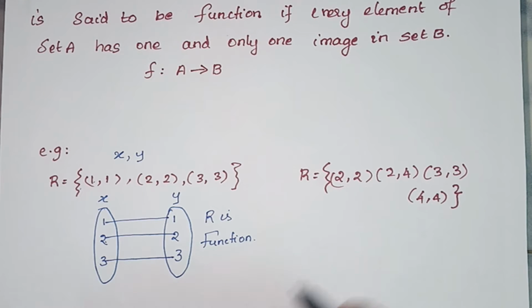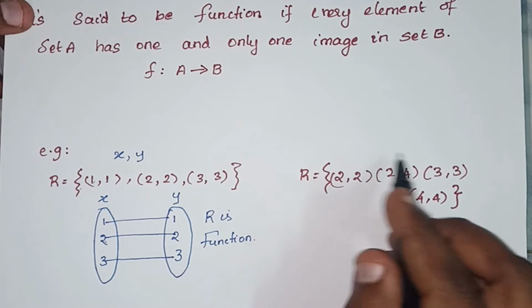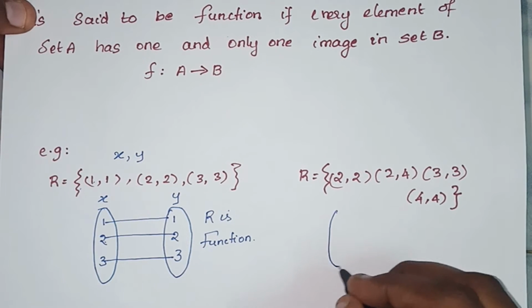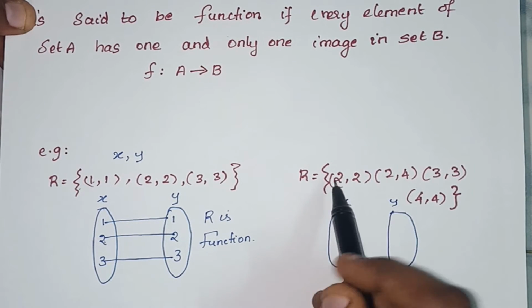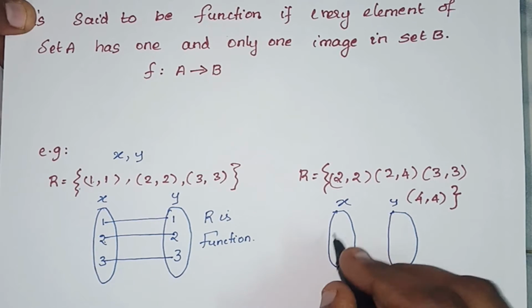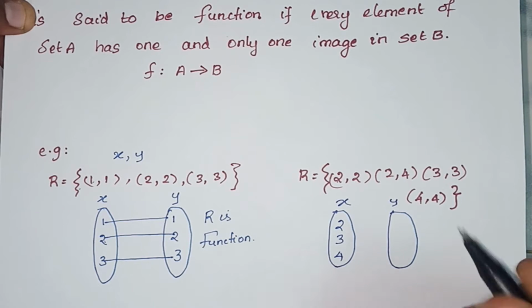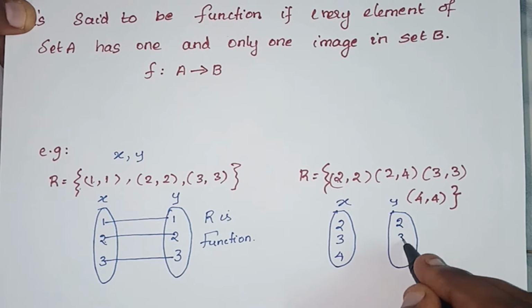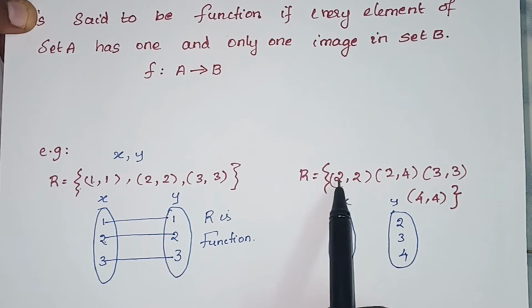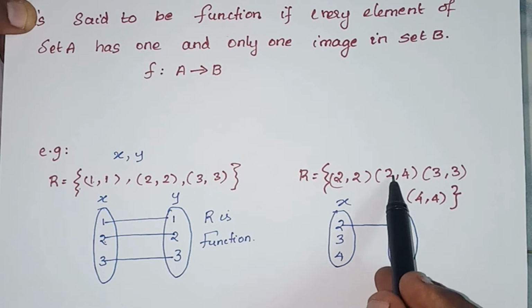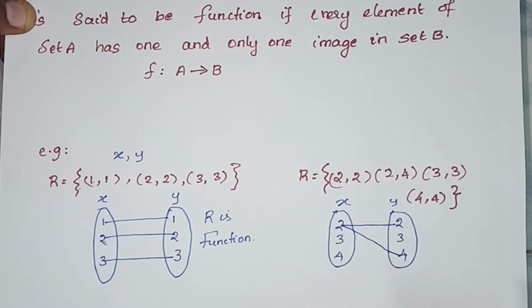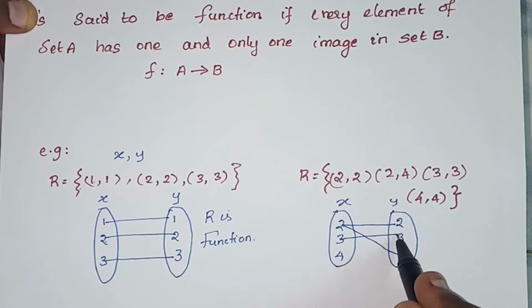Let's take this example. This is x, this is y. The first set has elements 2, 3 and 4, and the second set also has 2, 3 and 4. Here 2 is related with 2, and 2 is related with 4. 3 is related to 3, 4 is related to 4.